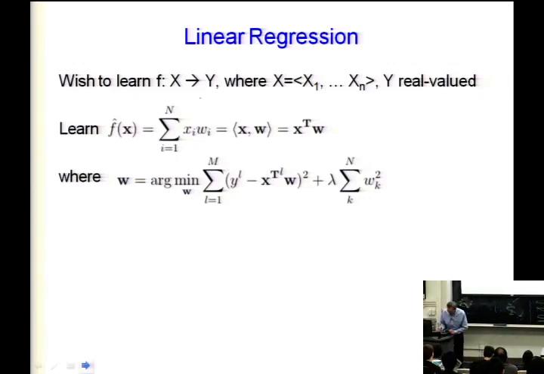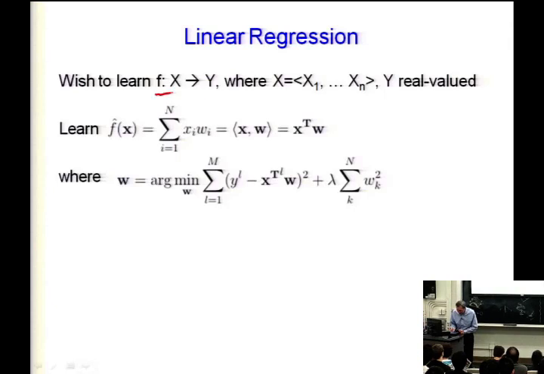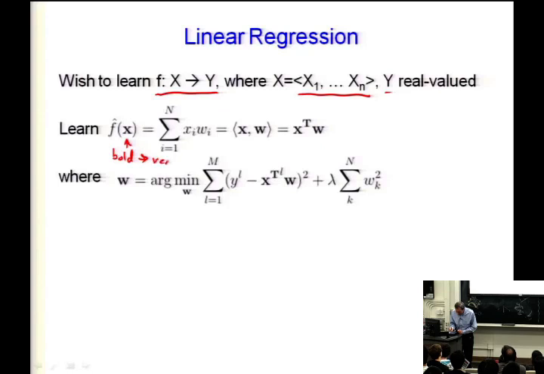Let's go back over linear regression, which we've talked about. It just means we're trying to learn some function where x is some set of features and y is some real valued number. In the past, we said it's a linear function. I'm going to use bold to denote a vector, so if you see a bold thing, it means it's a vector or a matrix.